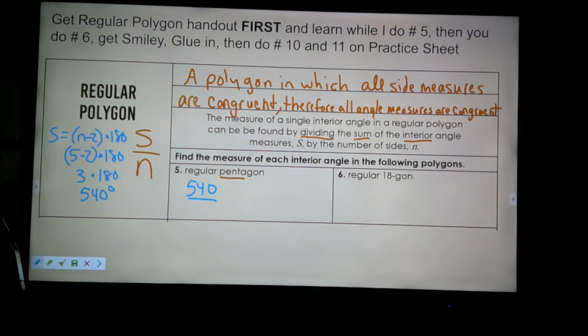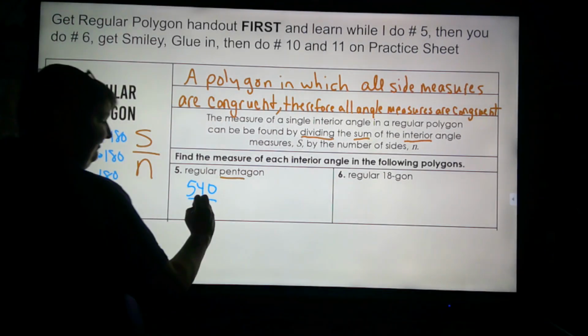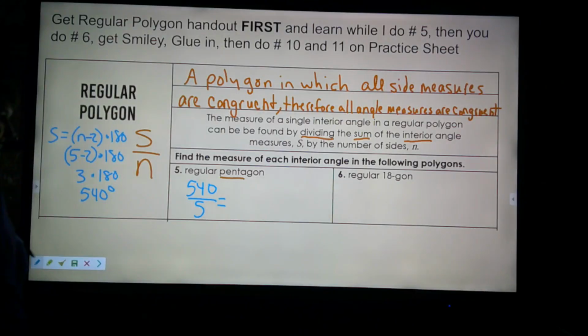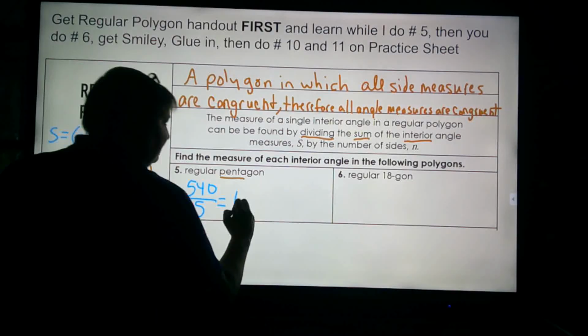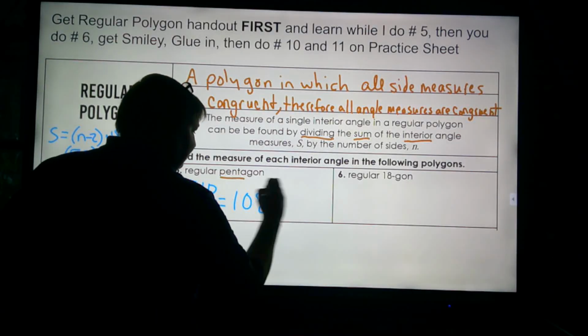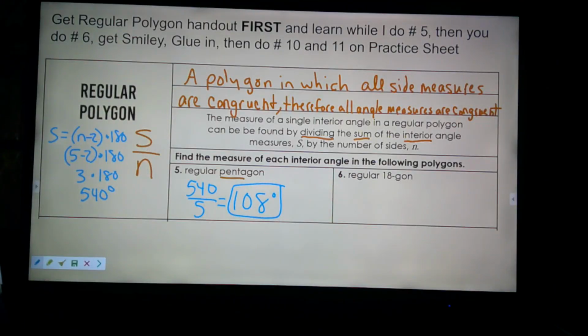And we're going to divide by the number of sides, 5. 540 divided by 5 is 108. 108 degrees. We use what we just learned with our new formula to answer the question. Each angle is 108 degrees. There are 5 of them. If you did 5 times 108, you would end up with 540 degrees.